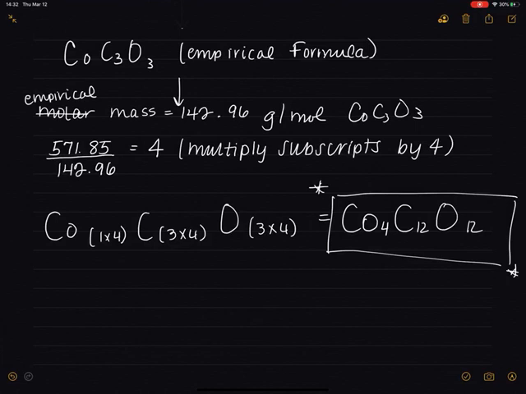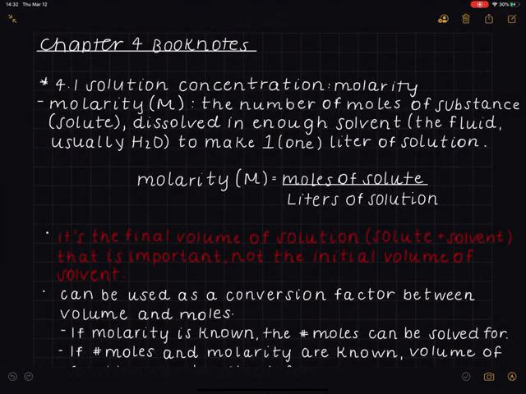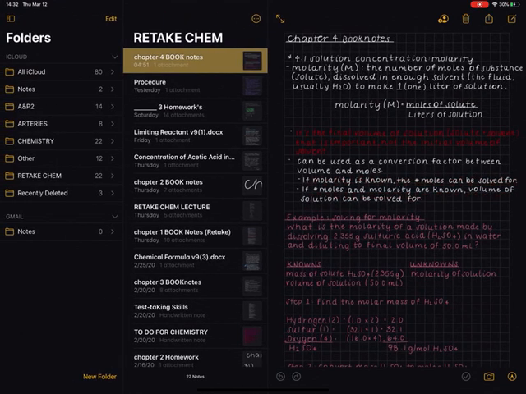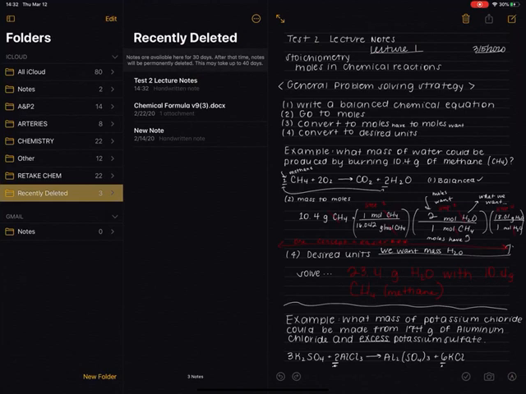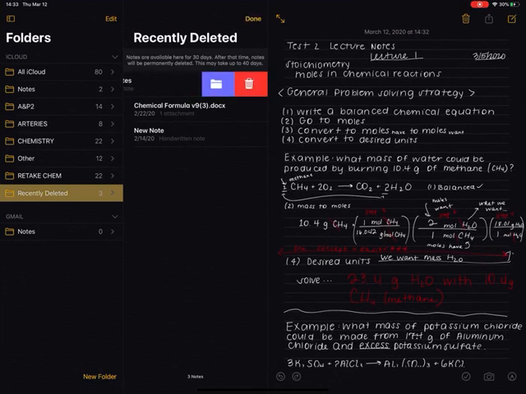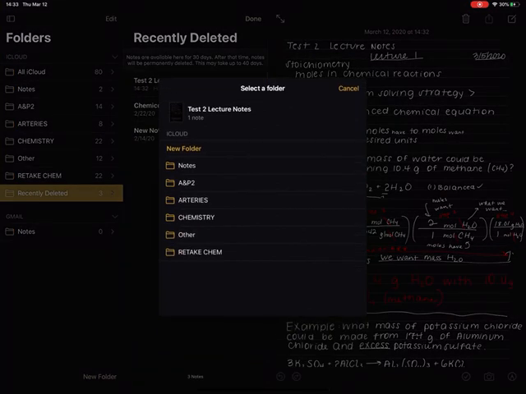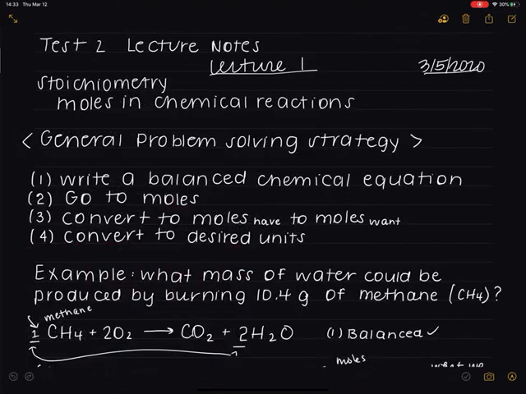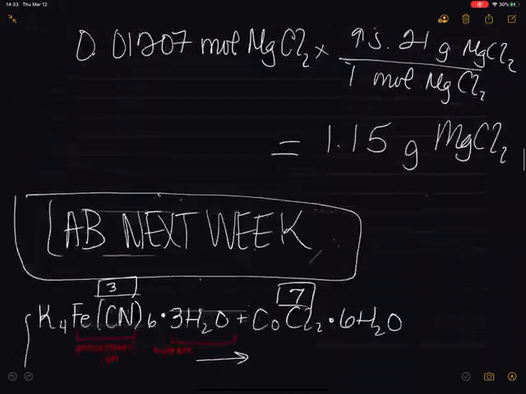That means if I multiply my empirical formula by 4, I get my molecular formula. The compound would be Co4C12O12. Does that make sense? Questions about that?